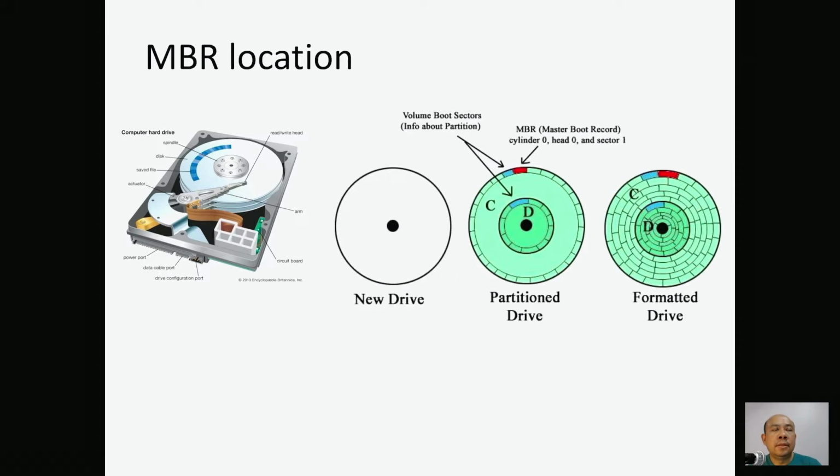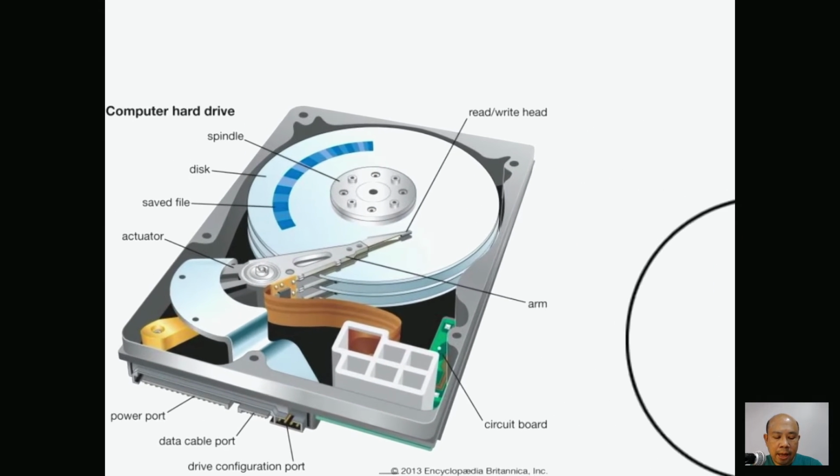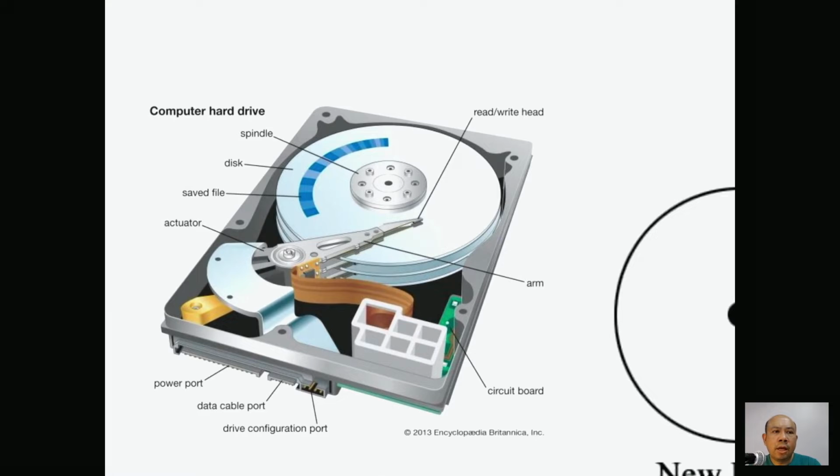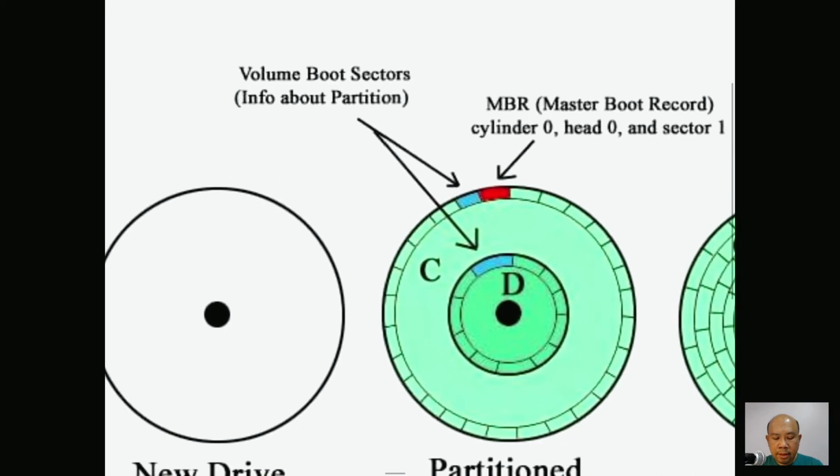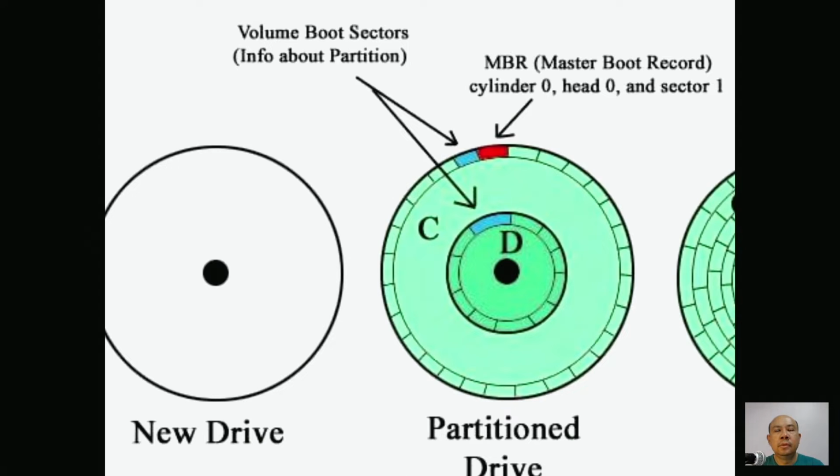In this picture, we will look at where the master boot record location is on the hard drive. Here, this is a hard drive. A hard drive consists of the arm and the disk. And where is the master boot record?